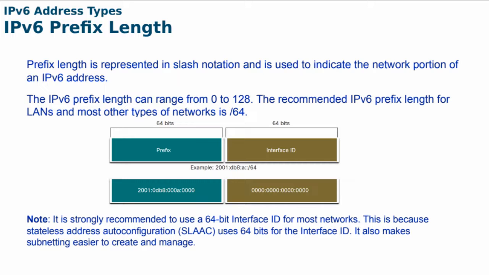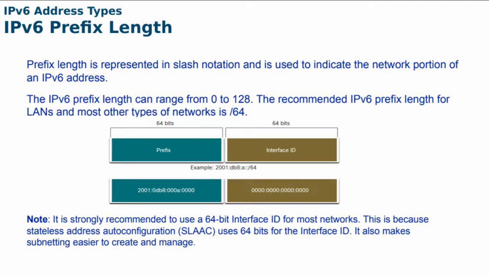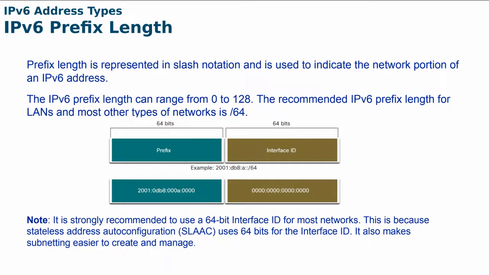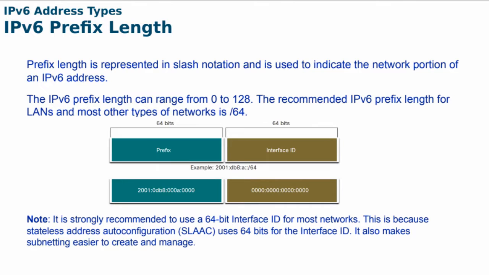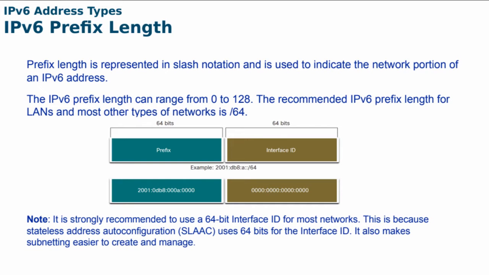And the recommended length for LANs and most other types of networks is /64 because we have plenty of addresses. So /64. So here my prefix is 64. Okay. And my interface ID is 64-bit. All right.